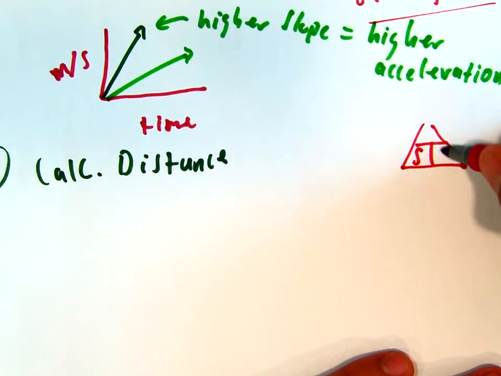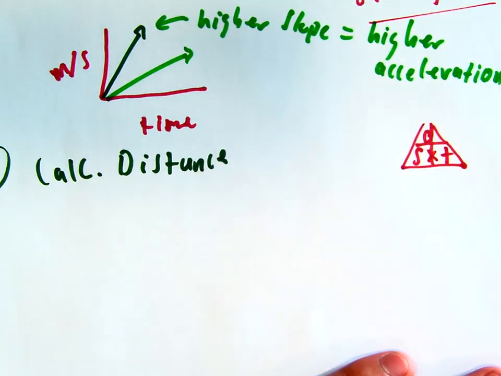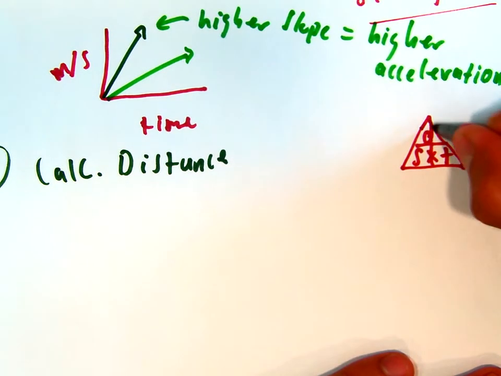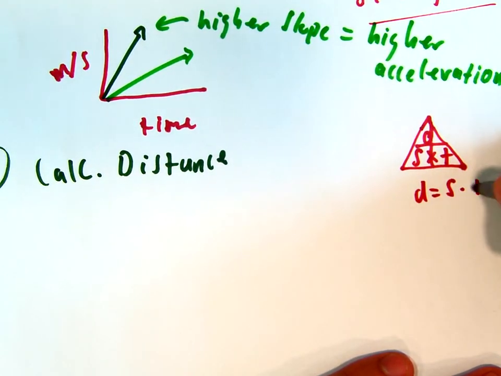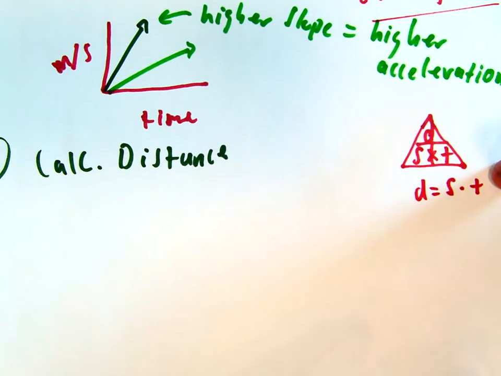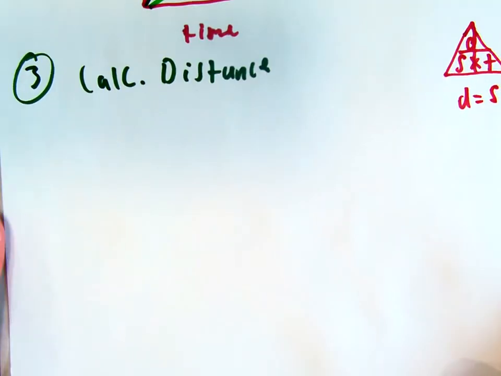Speed equals distance divided by time. So you should have known from this or from the past that distance equals speed times time. Okay, so I'm just going to leave that there, and we'll come back to it, but we know that already, correct?